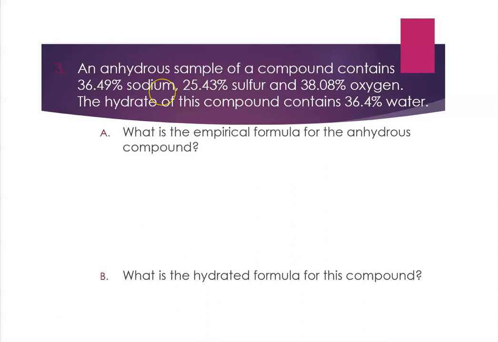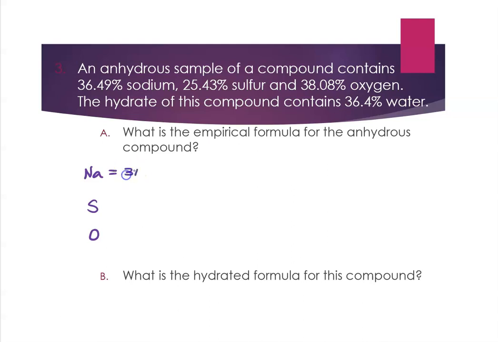So I have 3 elements. I have sodium, I have sulfur, and I have oxygen. This percent of water I'm not going to worry about right now because that's not part of my compound. That's part of my hydrate. So I'm just going to look for the anhydrous compound first.